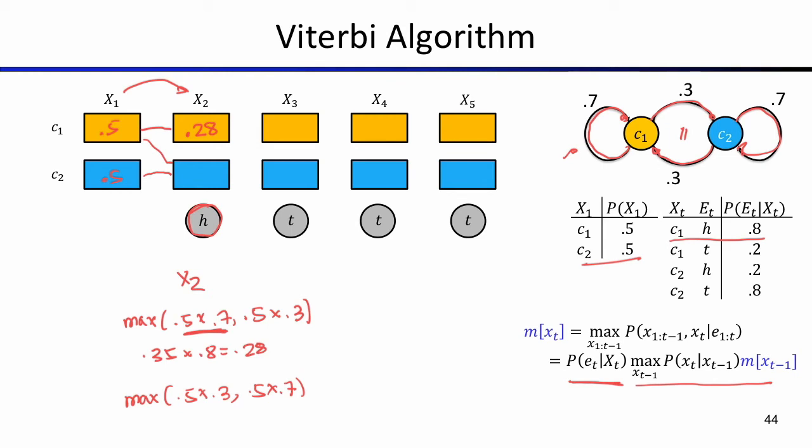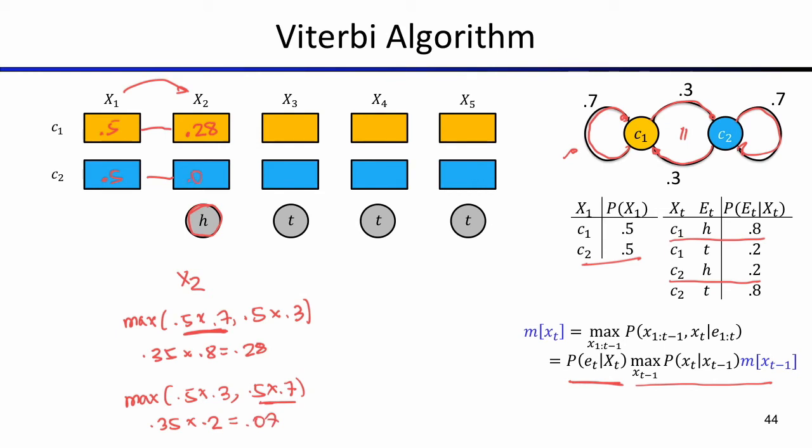So we're just switching places here. So again, the maximum is going to be here, but this maximum has a different interpretation. In this case, we are saying that we are staying with C2, and it's going to be 0.35 times... Now it's different because heads is less likely for C2. When we see heads and C2 here, it's going to be just 0.2, so times 0.2, and that's going to be equal to 0.07.